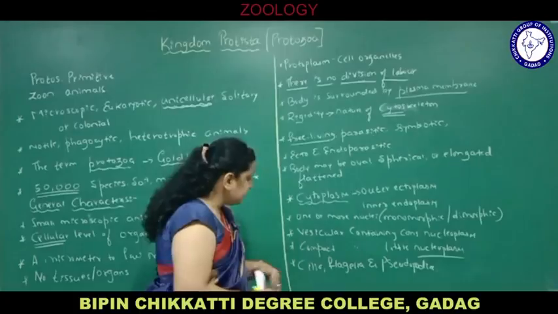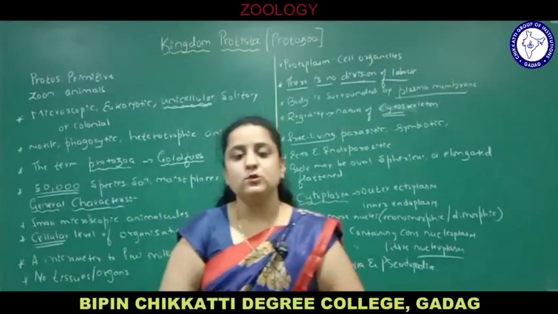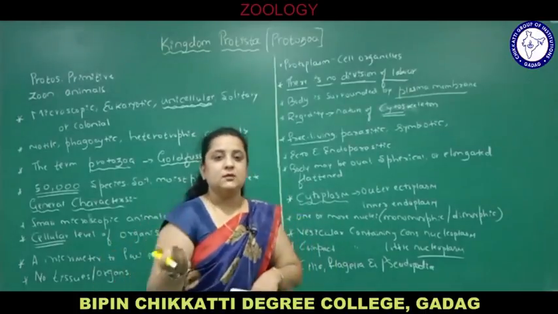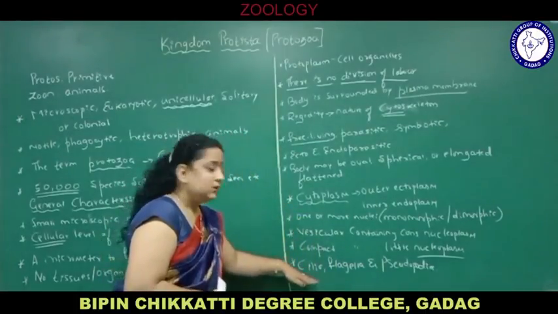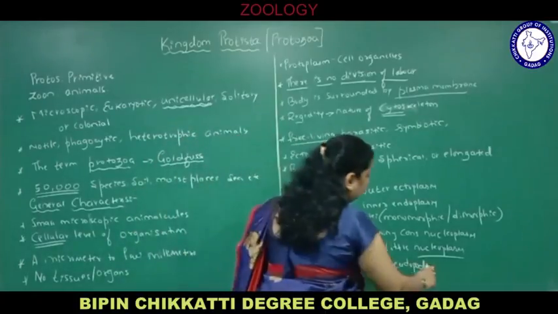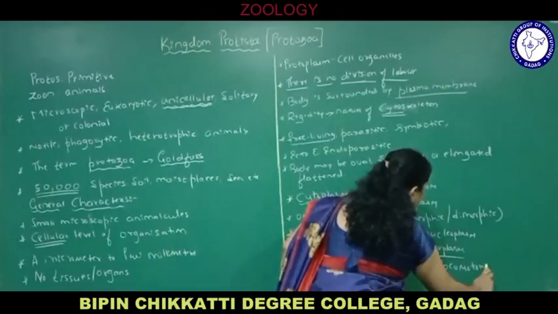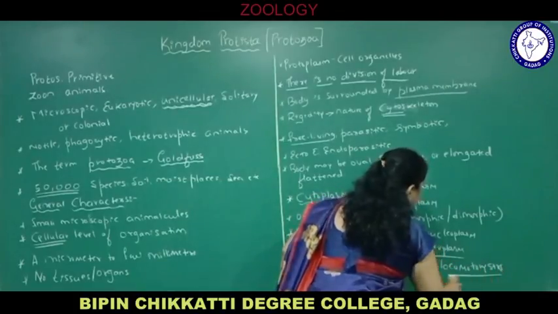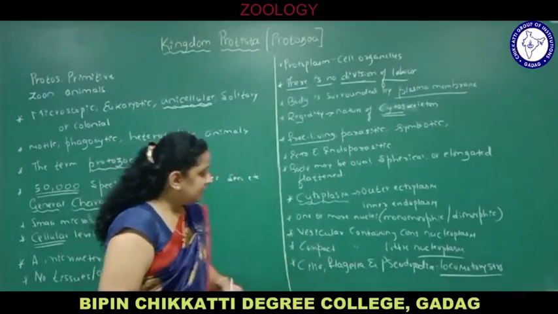This is the basis for classification of phylum Protozoa into different subphylum, classes, superclass, order, etc., depending on the type of locomotory structures. Cilia, flagella and pseudopodia.